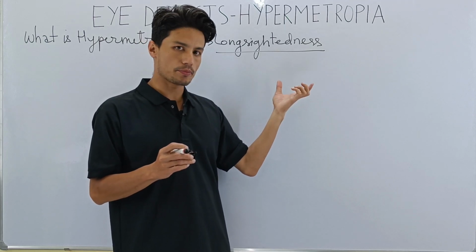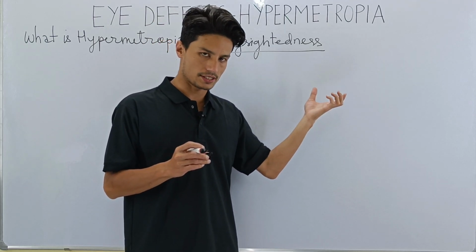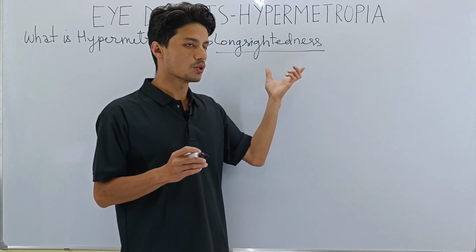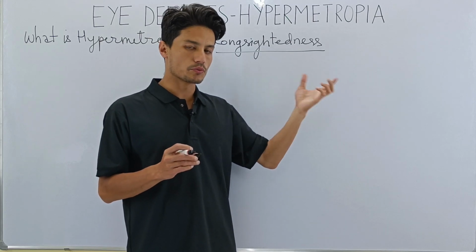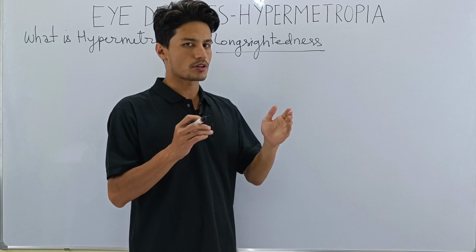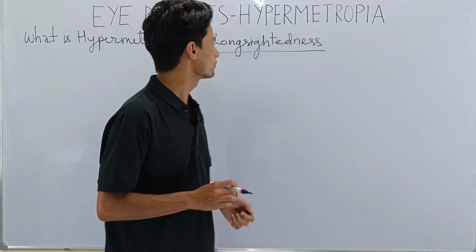Whereas myopia, the spelling itself is short, so short-sightedness. Short spelling, short-sightedness. Hypermetropia, long spelling, long-sightedness. Do not get confused between these two. Make sure that you are thorough with the difference between myopia and hypermetropia.